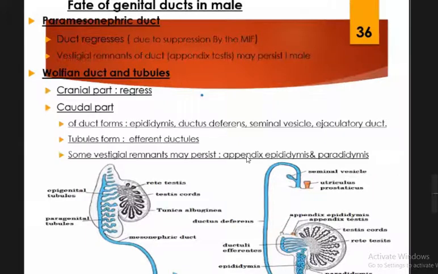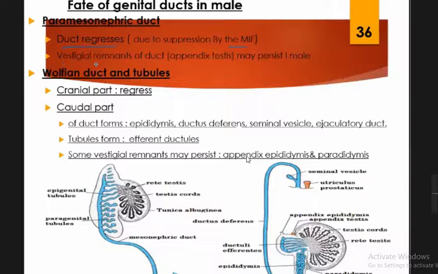We already talked about the fate of the Wolffian duct. For better appreciation, we shall still include it here, since it has a contribution. So in the male, the paramesonephric duct or the Müllerian duct system will generally regress thanks to the anti-Müllerian hormone.